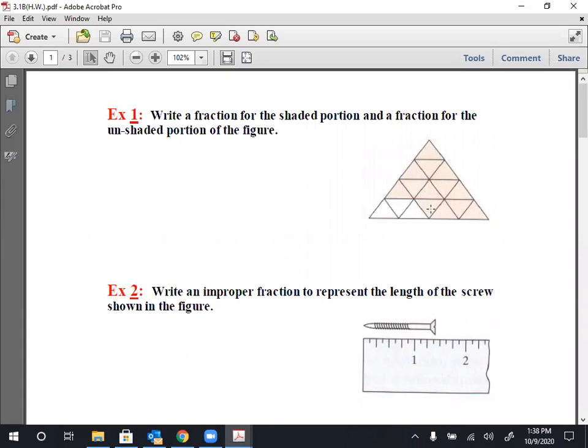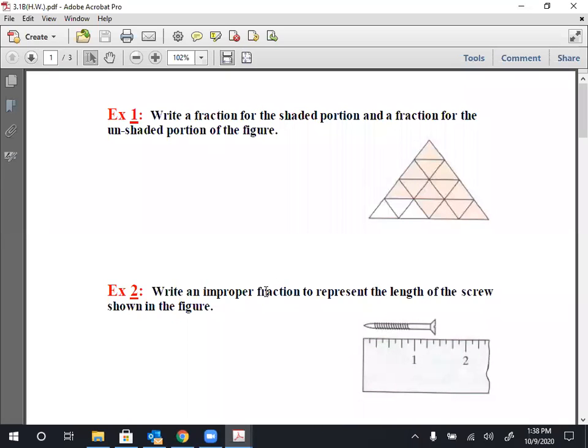And that's going to be your denominator. Okay? That's going to be the bottom part. And you're going to count the shaded ones, the pink ones. And that's going to be the top for the shaded portion. So it just becomes a counting exercise, basically. So that's easy, you count.